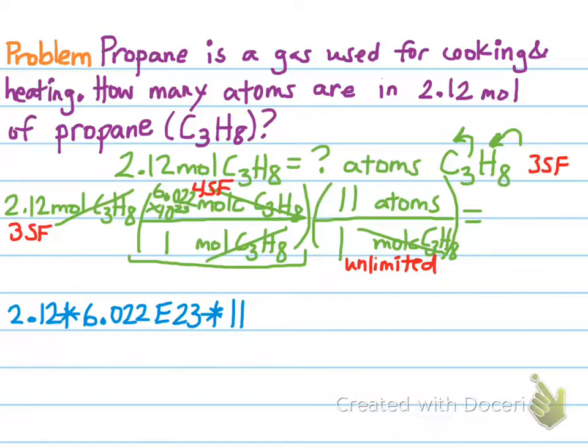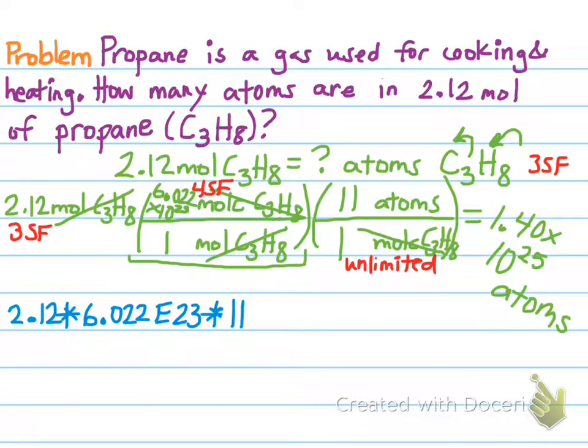So you should get about 1.40 times 10 to the 25th. And we always need units as well, right? And the unit we're left with is atoms.